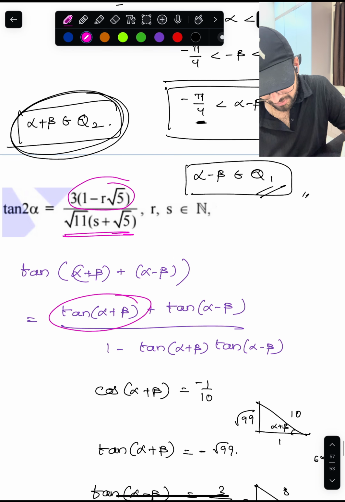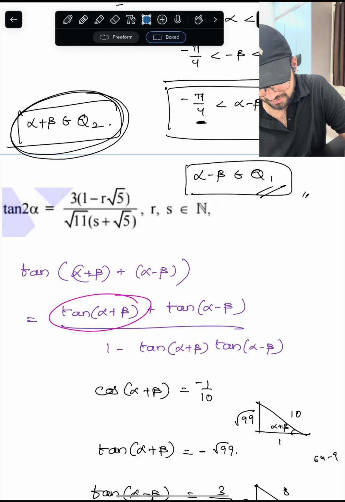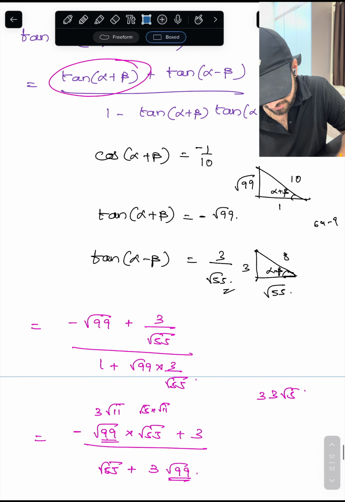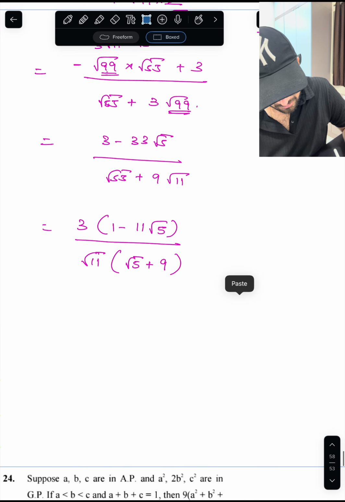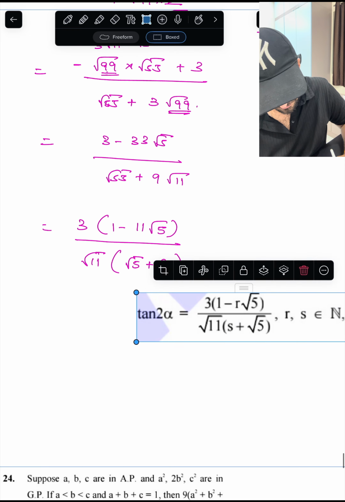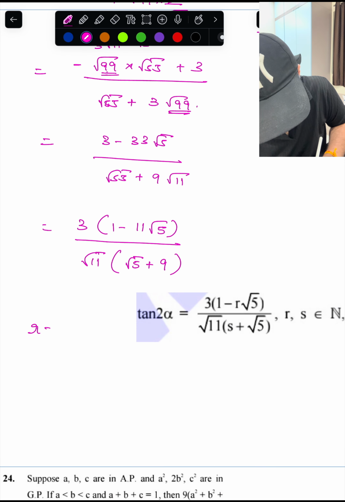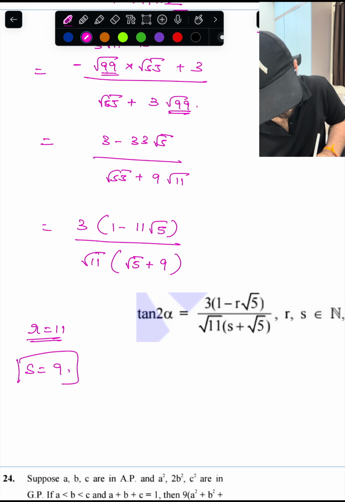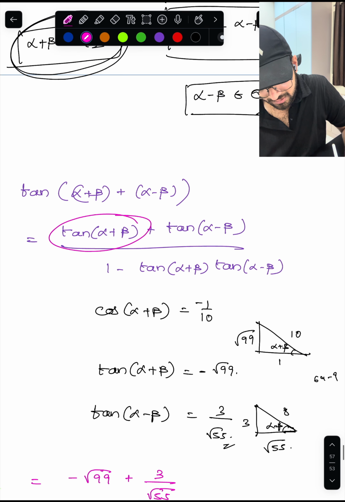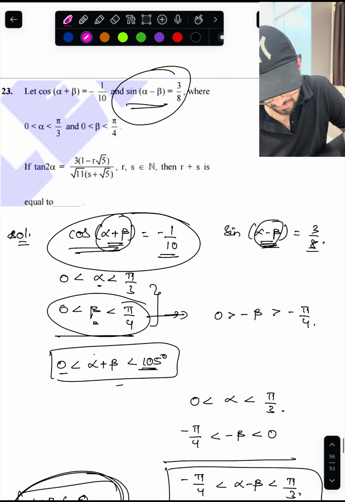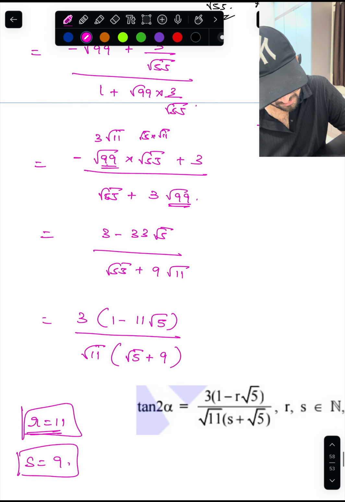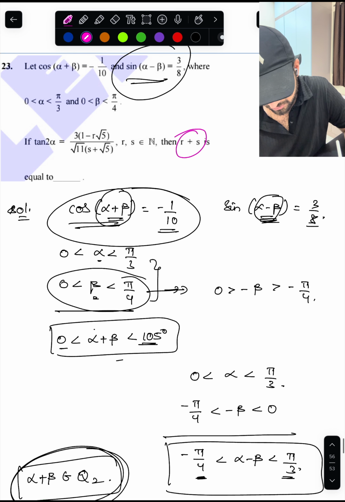So just comparing this one with this, R is 11 clearly, S is 9. So what they're asking for, R plus S. So 11 plus 9, 20. 20 should be the answer.